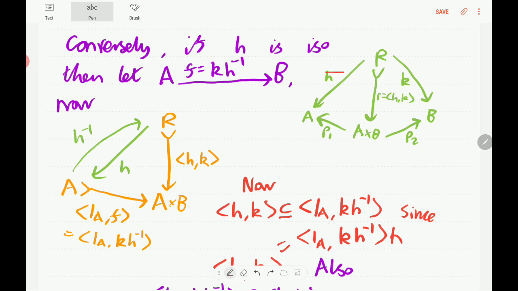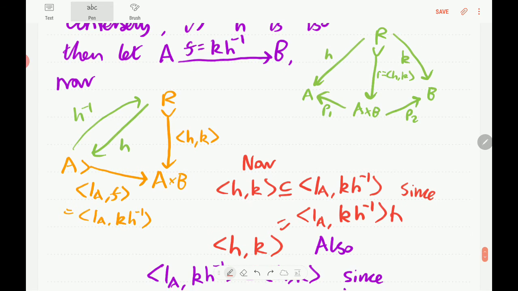We have this arrow h from r to a, and we also have this arrow h to the minus 1 from a to r. And we do indeed have that h comma k, which is r, h comma k is always r.